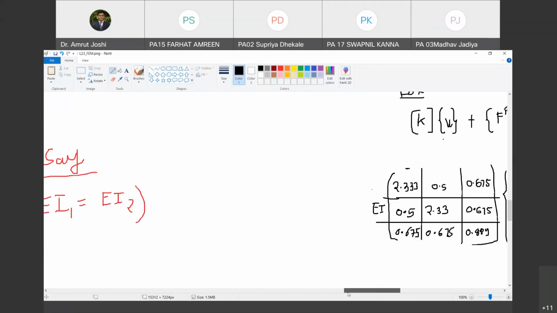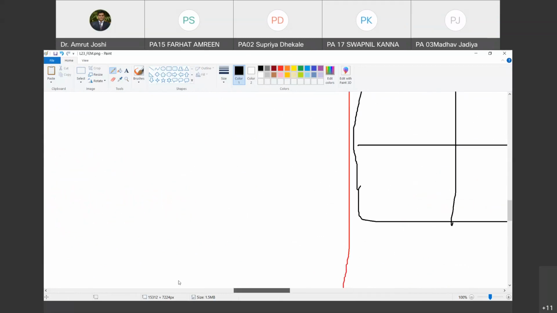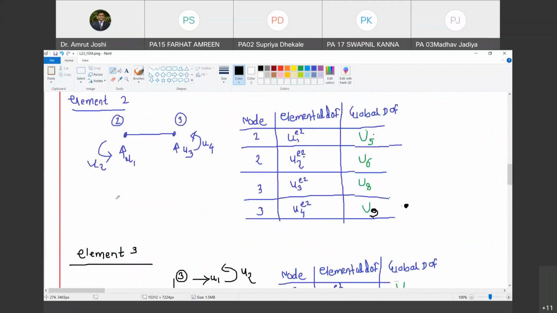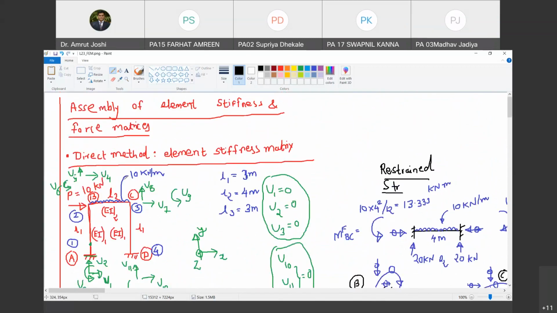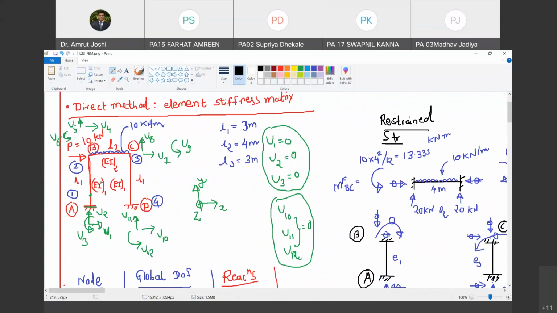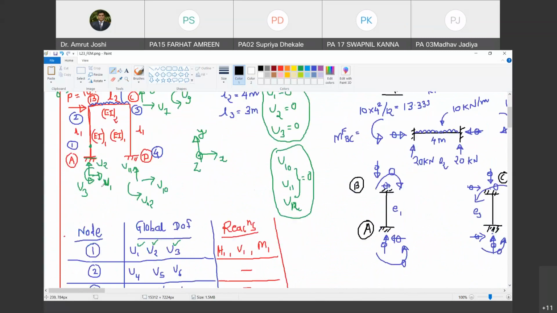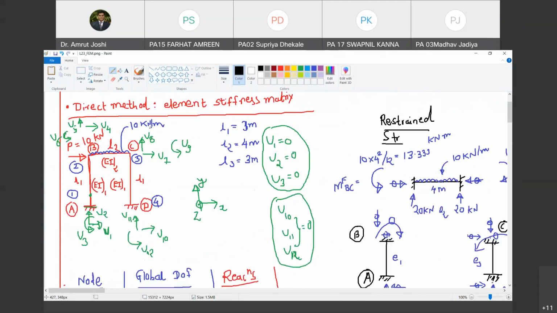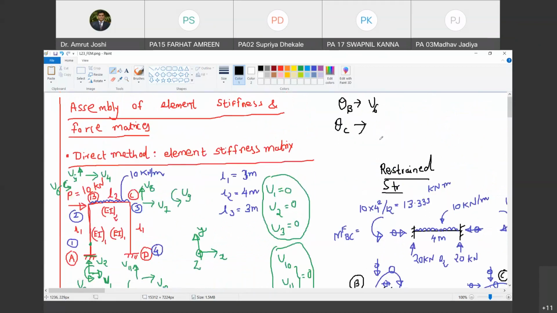Now let us do a check. What are theta B, theta C, and delta here? Have a look at these nomenclatures. What is theta B? U6. Do you agree with me? Yes, sir. Theta B is U6. What is theta C? Tell me. Theta C is equal to U9. Do you agree with me? Yes, sir.